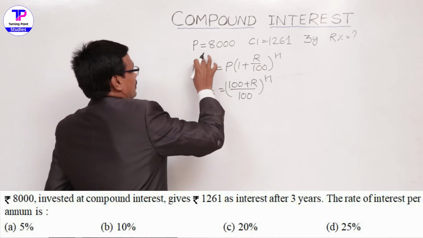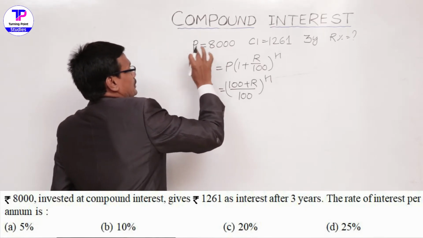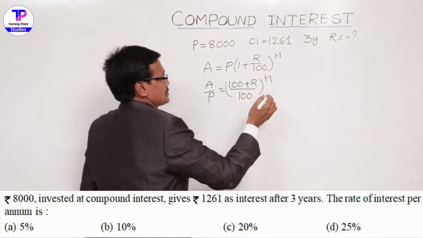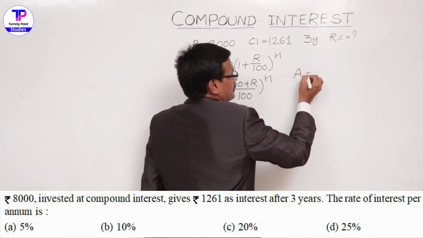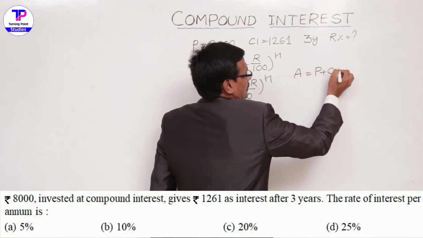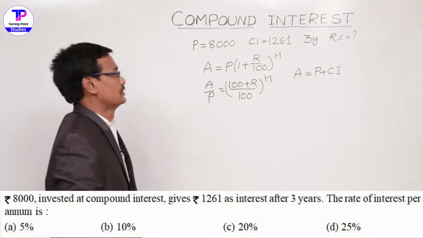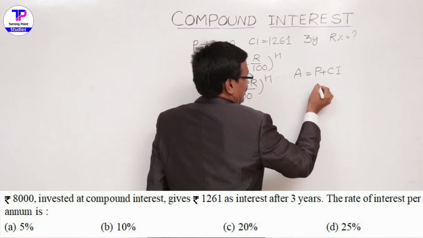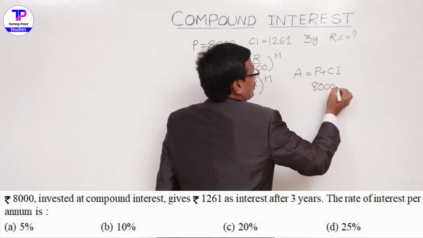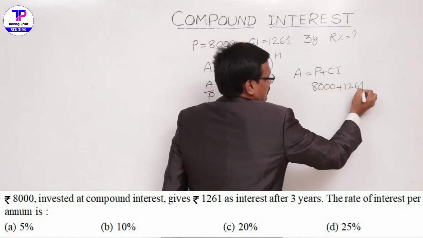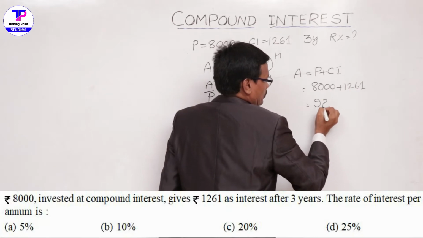But here they have given the principal is equal to 8,000, but we don't have the amount. So what is the formula to find amount? Amount is equal to P plus CI, that means principal plus compound interest. The principal they have given is 8,000 plus CI is equal to 1,261, totally 9,261.